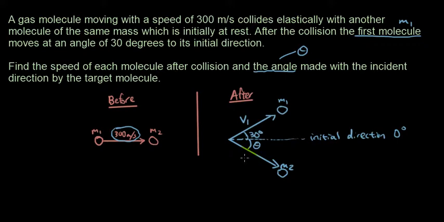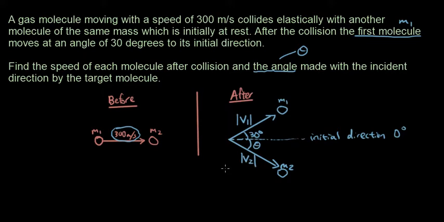The second molecule, the target molecule, is moving at a speed of v2. No idea how fast it is. Obviously we need to find the speed, so we need to find the magnitude of it. I'm going to put two vertical bars around it to represent that I'm looking for the magnitude of the speeds.